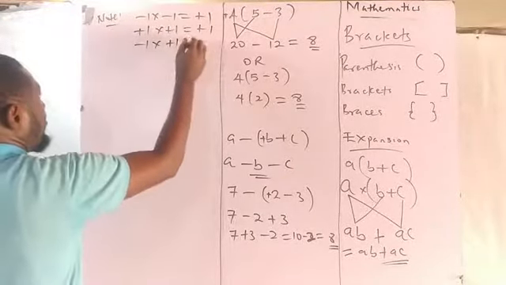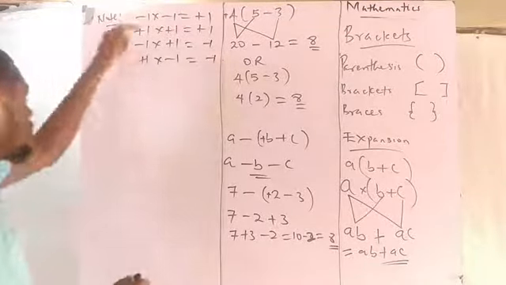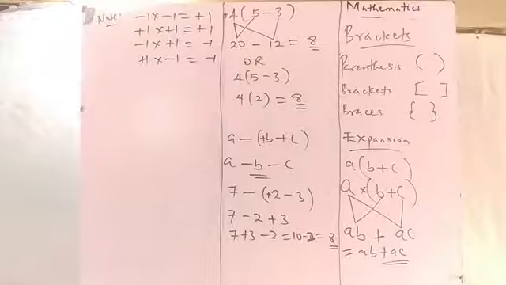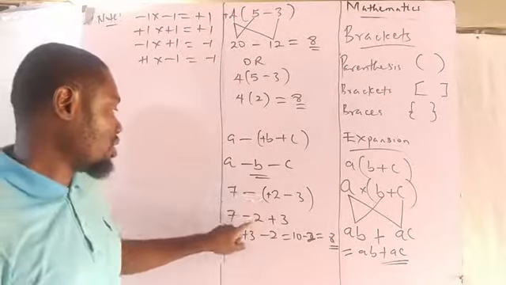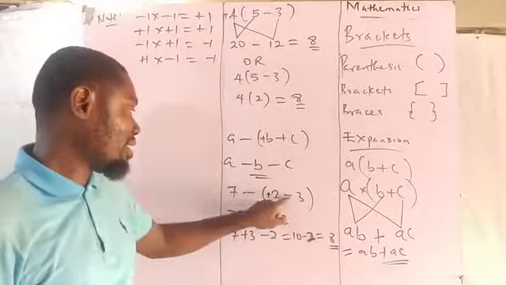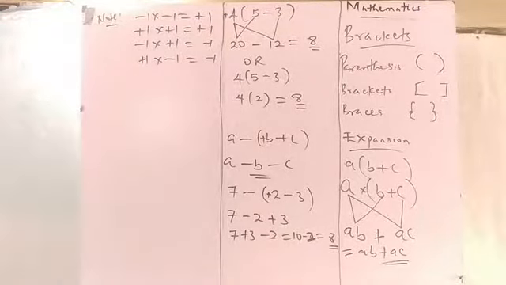Minus 1 times plus 1 will give you minus 1. And plus 1 times minus 1 will give you minus 1. These are some rules that you should know in your mathematics when it comes to integers or dealing with numbers. It is because of these rules we have these results here. Minus affecting plus, you have minus 2. Minus affecting minus, you have plus 3. So these are some of the things you should know when it comes to expanding of brackets.